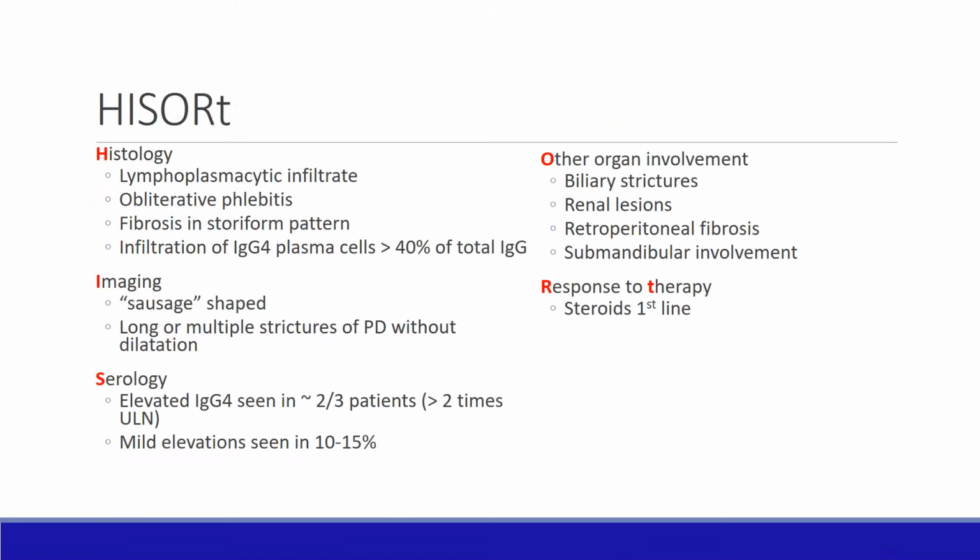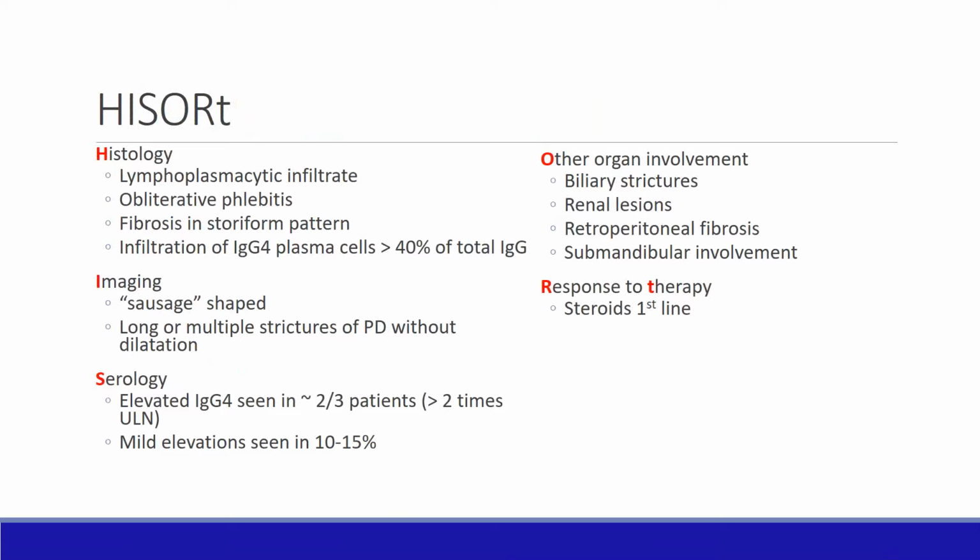This is a set of guidelines that came out from the Mayo group, and it's highlighting these 5 cardinal features of histology, imaging, serology, other organ involvement, and response to therapy. These words probably sound familiar by now: lymphoplasmacytic infiltrate, obliterative phlebitis, fibrosis in the storiform pattern, and then the infiltration of the IgG4 plasma cells, more than 40% of the total IgG.